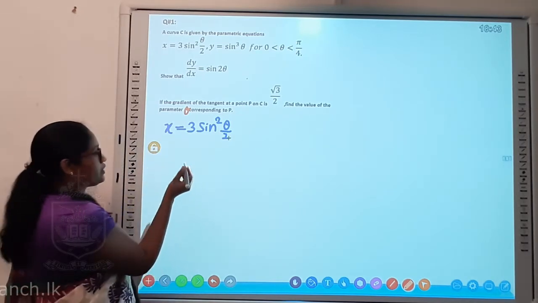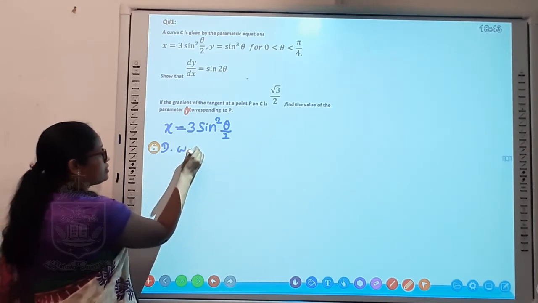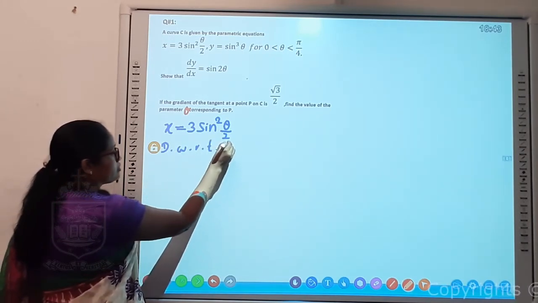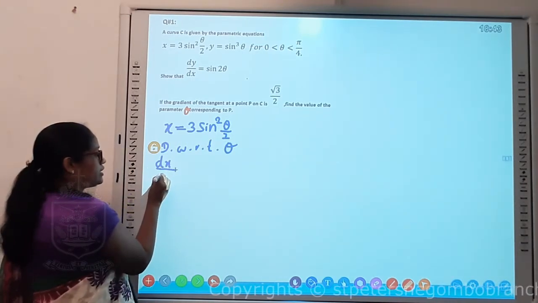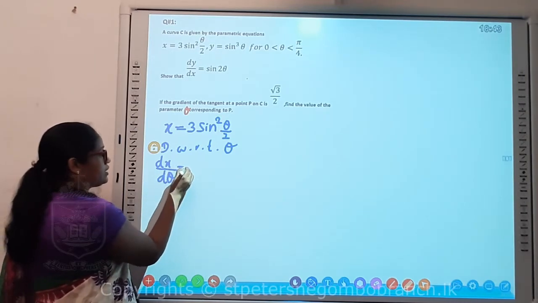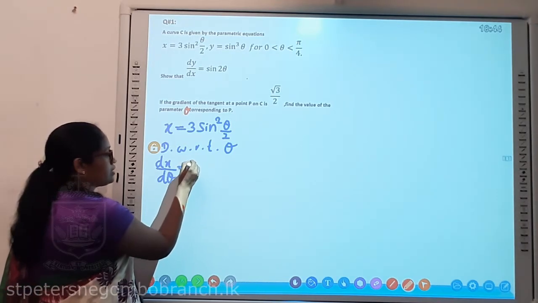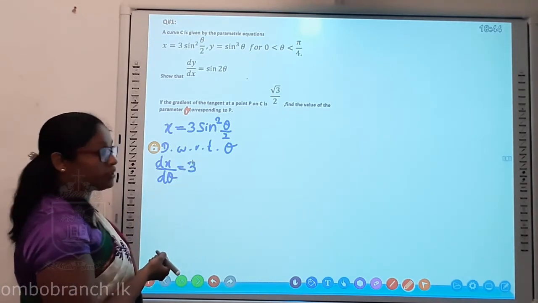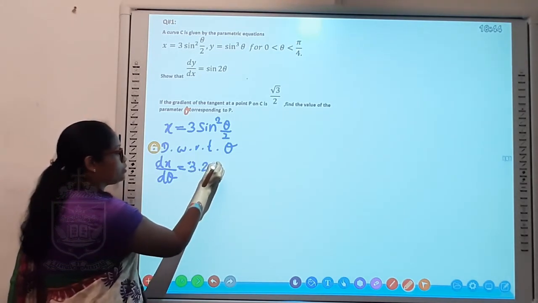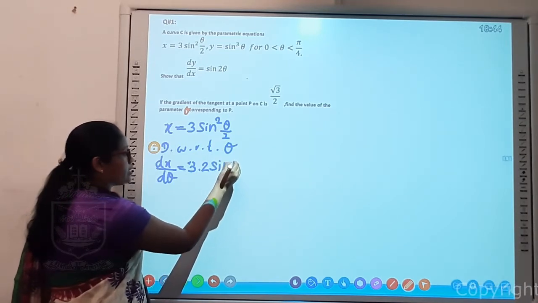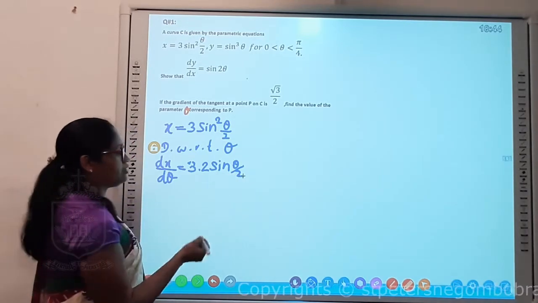I differentiate this function with respect to theta. dx over d theta is equal to 3, a constant, and then you can see a power, so we have to apply the chain rule. The answer will be times 2 sine, we differentiate the power, and then we have to differentiate sine.